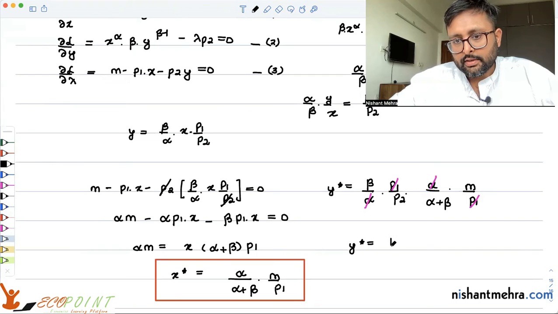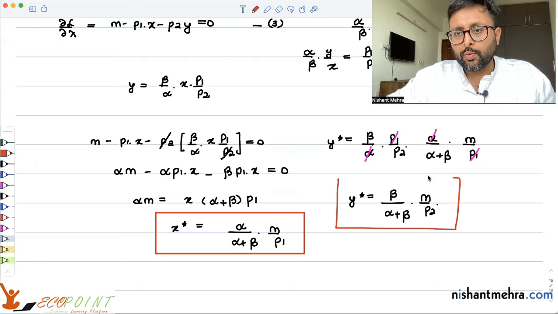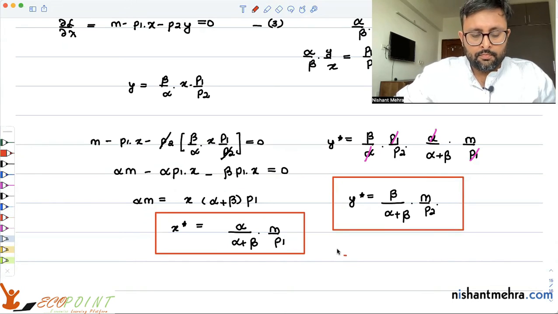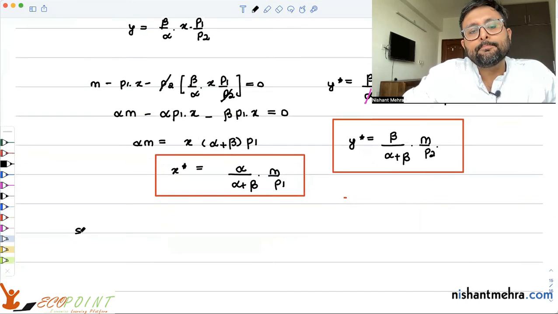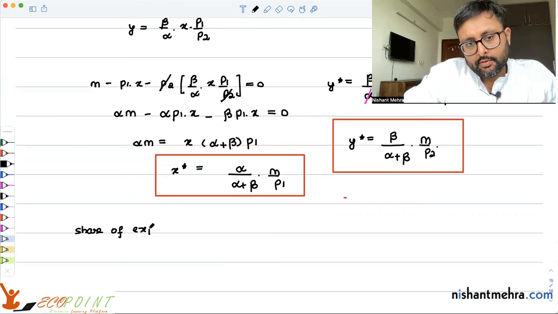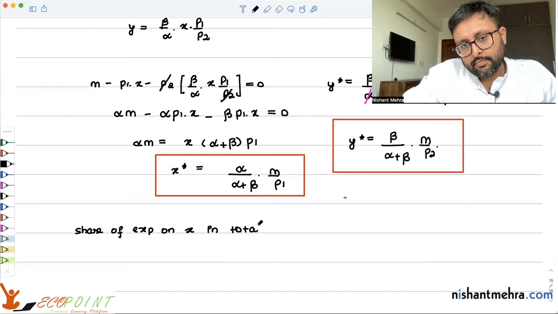Your y star is, so this is the demand function for y. Now, acha, what is the share, or what is the, you'll say, share of expenditure on x in total expenditure?